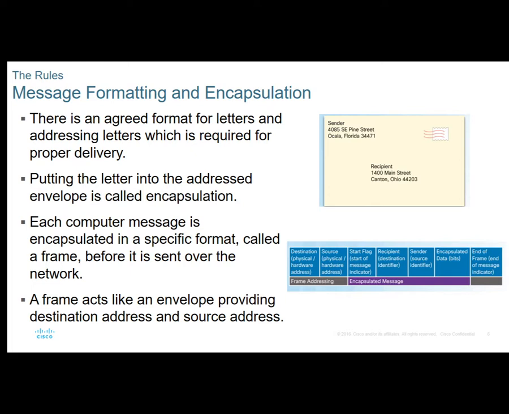If you notice, you've got a destination, here's the frame addressing, here's the encapsulated message, and then here's an end of frame, okay? The destination has a physical hardware address, and then a source physical hardware address, a start flag, a recipient destination identifier, a sender source identifier, and an encapsulated data bit. So basically there's this formatted frame that's similar to putting a letter inside an envelope.